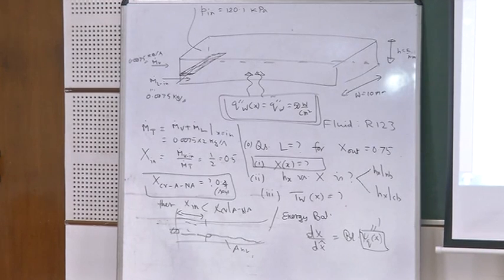What it says here is the energy balance I had written down last time. When I did the energy balance here, what did I write down?